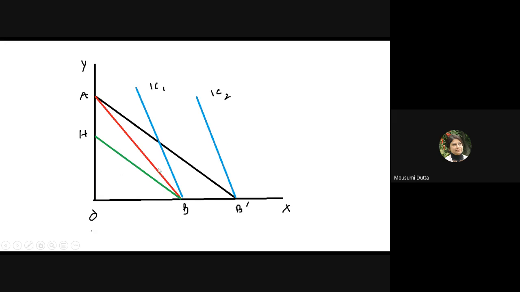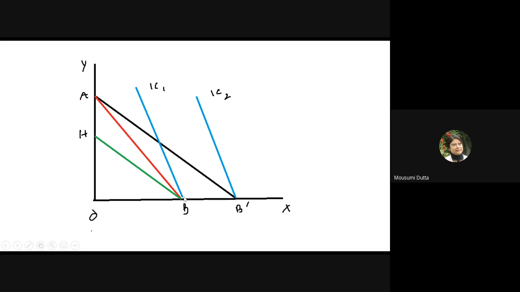So if it happens, MRS XY, that is MUX by MUY, is always greater than P1 by P2, the value I am getting consuming X will always be greater than the price I am paying for X. And for that matter, the corner solution will take place at B. So B is the equilibrium point to begin with.